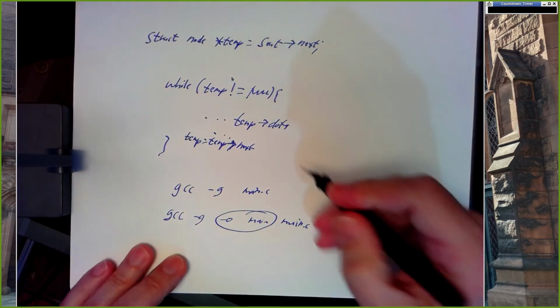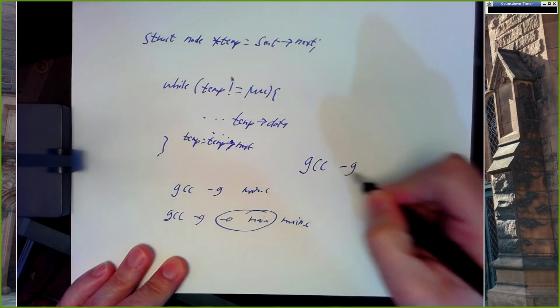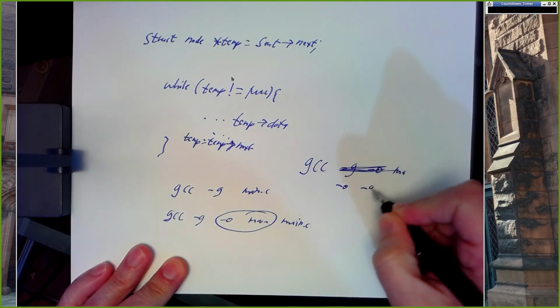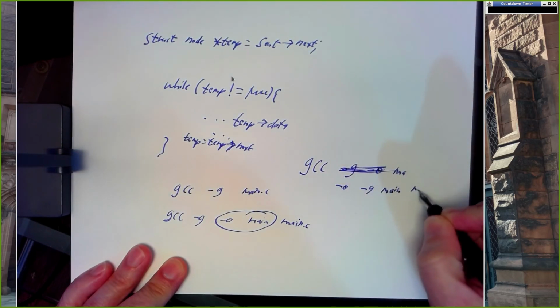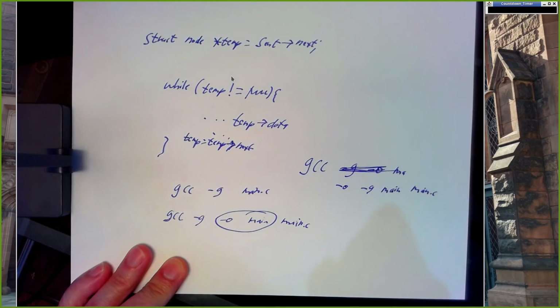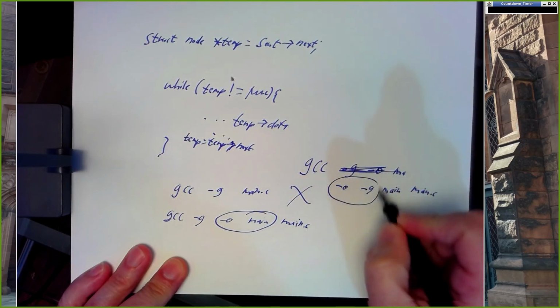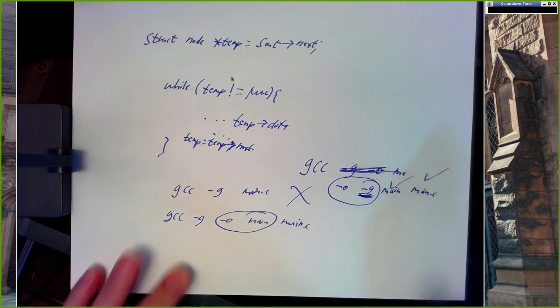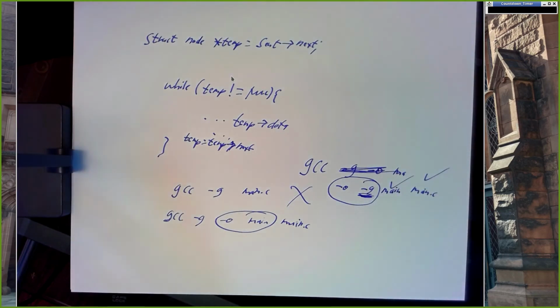But you can't do this, because that's going to try to make your output file a file called -g, and then it's going to try to compile two things, main and main.c. And main is probably executable code or it doesn't exist, so it's not going to compile. GCC, not GDB.